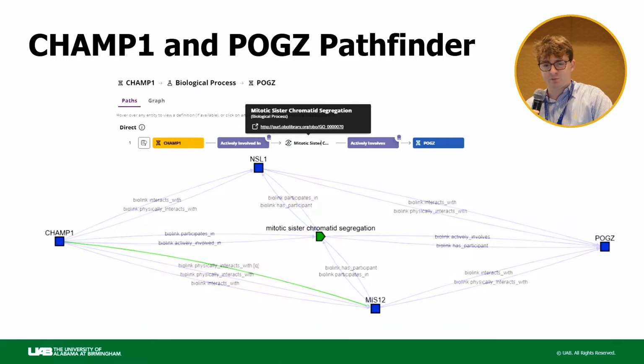So you can see that it's a very encompassing and pretty immense graph that draws several relationships almost instantaneously between both genes, the processes, and the two target genes that we're looking at as well. Importantly, we found NSL1 and MIS12 are both involved in this pathway as well.